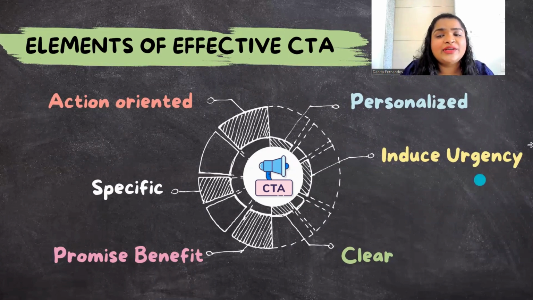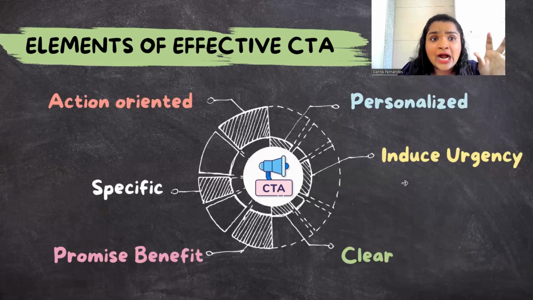Your CTA should induce urgency. Your reader must know that the action you're telling them to take must be taken right now, not later. If they take it later, that offer is not valid. So your CTA must have words that induce urgency.